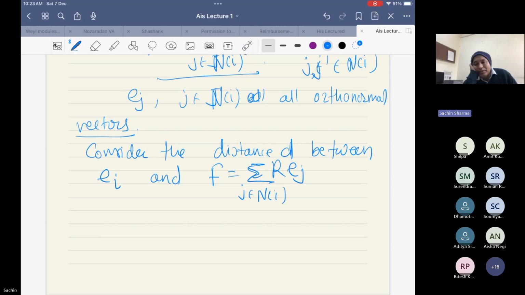What will you do? Orthogonal projections. Very nice. And so what is its orthogonal projection? What is the orthogonal projection of e_i on this space F?